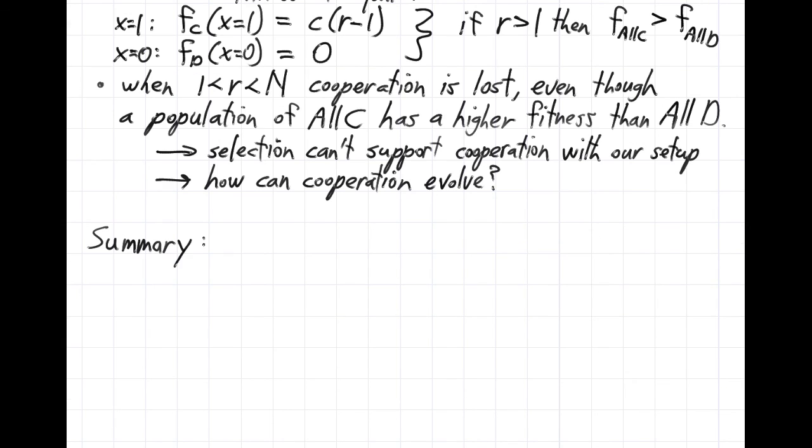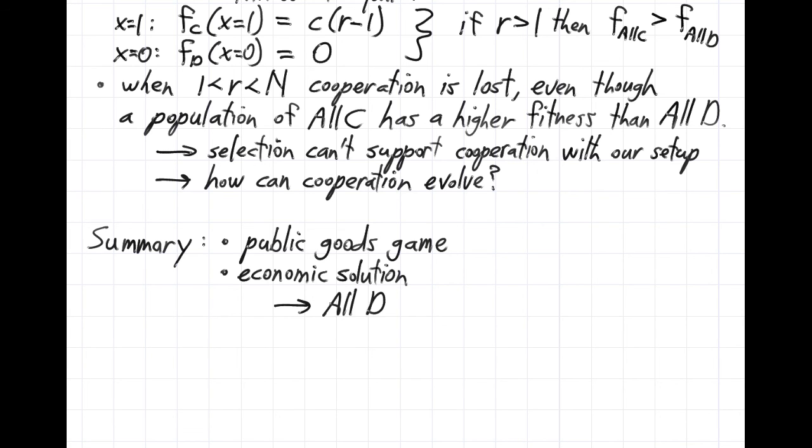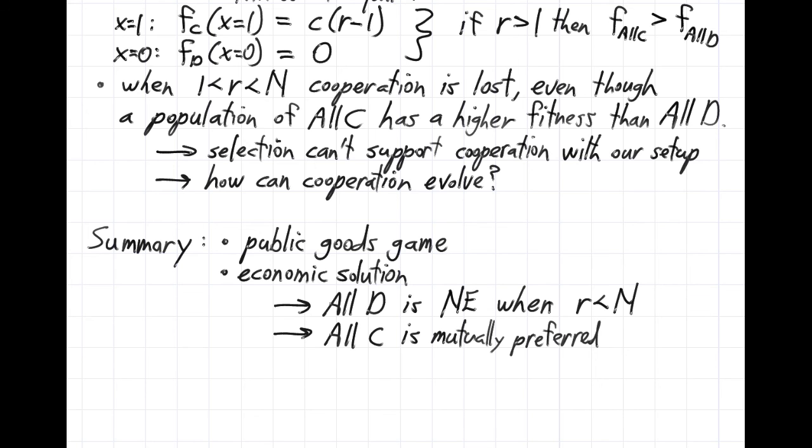Okay, I think that's all I need to say, so let's just review what we did. We introduced the public goods game. We looked at the economic solution, and what we found is that all defect is the Nash equilibrium when R is less than N, but we saw that all C is mutually preferred when R is bigger than 1, which means that we have a social dilemma when both those conditions are true.